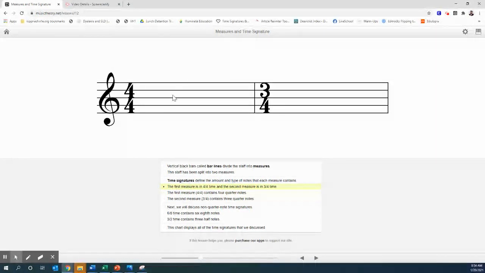So if we put a whole note in this measure, that is the only thing that we can put in this measure. A whole note could not go in this measure right here. Why? Because a whole note again has 4 beats, and this only lets us put 3 beats in this measure. So a whole note would be more than the time signature allows us to have.